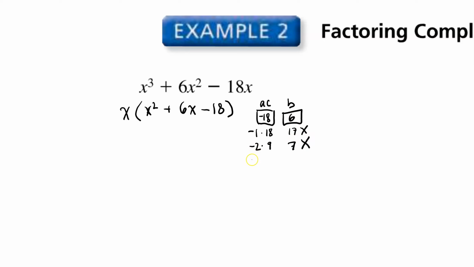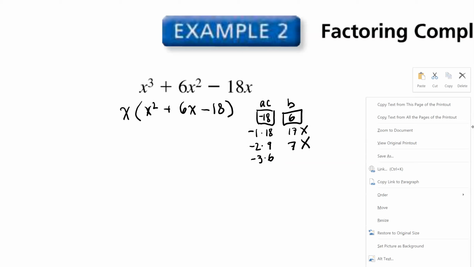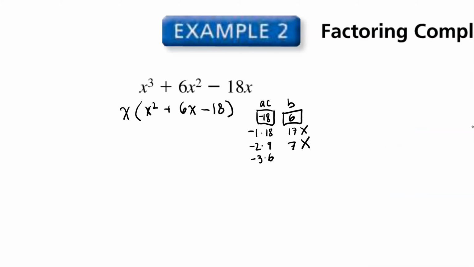So I say negative 3 times 6 is negative 18. Negative 3 plus 6 is 3. And that's not it either.